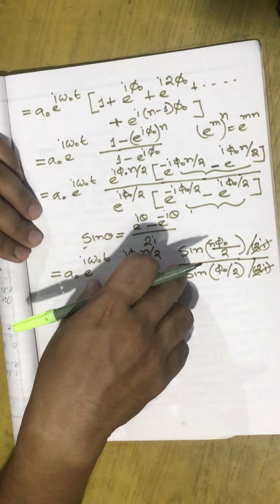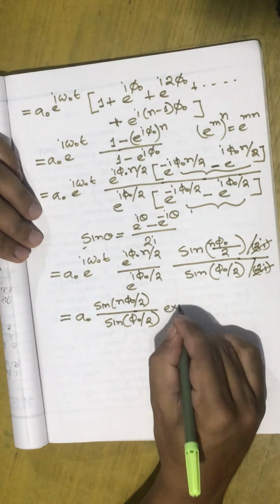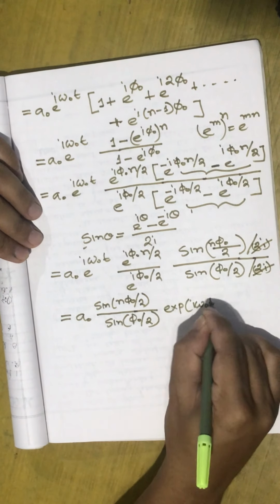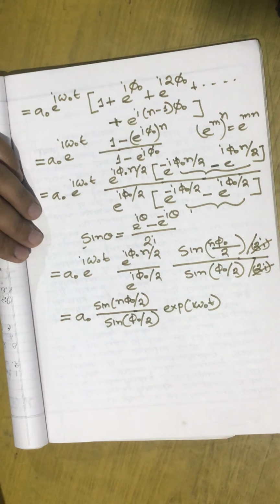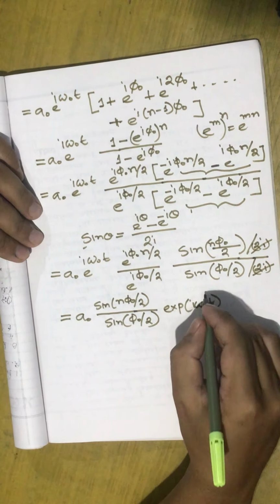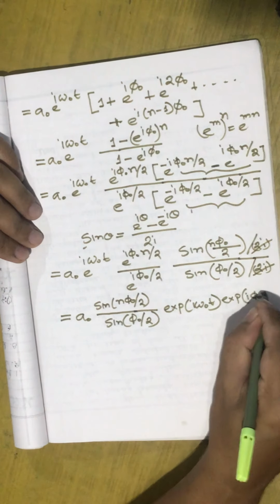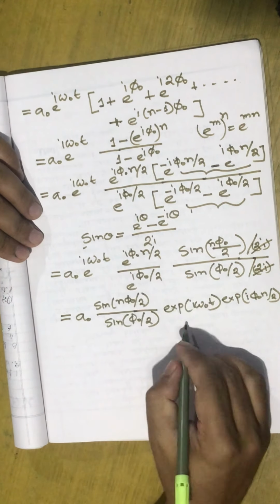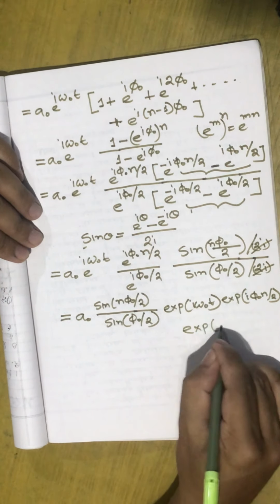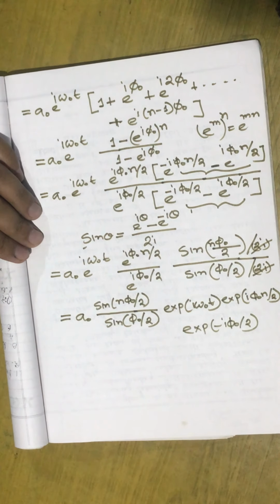Okay, now these are the complex parts. We can write it like exponential i omega naught t. This part was there. Then what was the other part? Exponential i n phi naught divided by 2, and the next part was exponential minus i phi naught divided by 2.